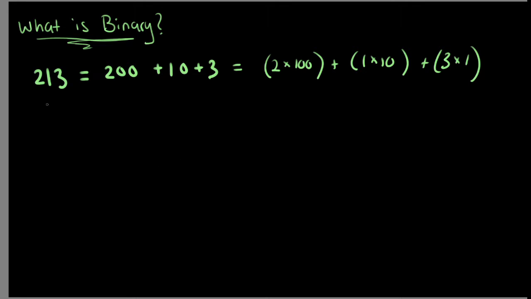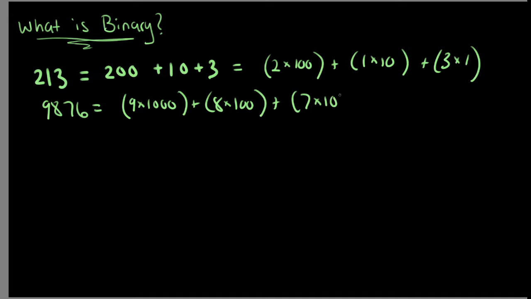So if I had the number 9,876, this is broken down into 9 times 1,000 plus 8 times 100 plus 7 times 10 plus 6 times 1. So there's something that we can notice about these.